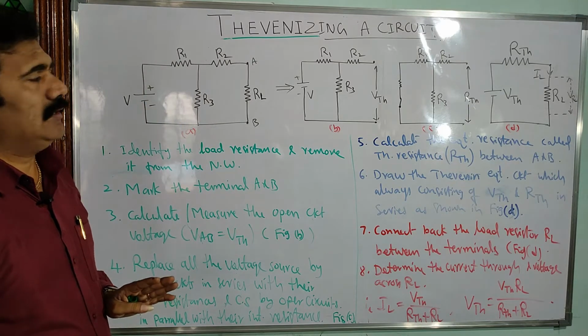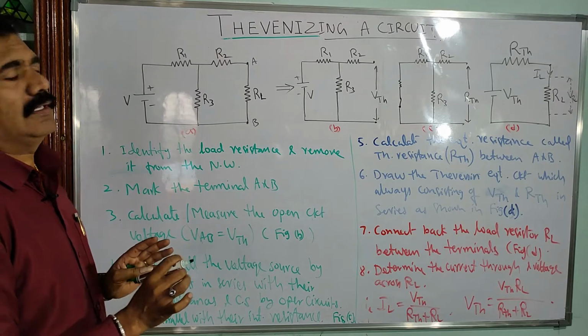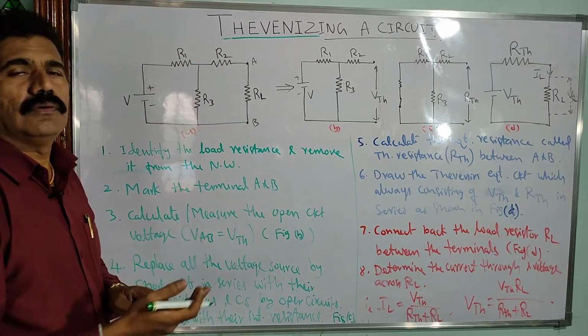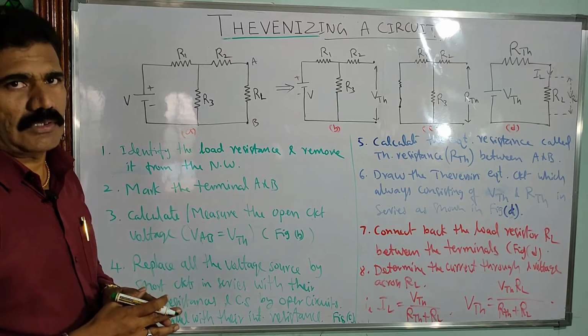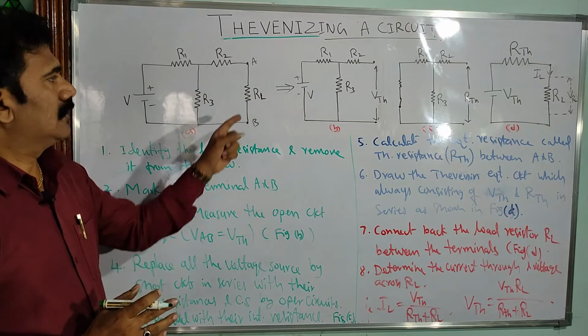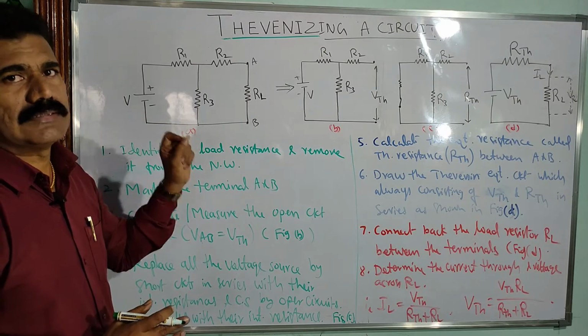So first you have to identify which is the load resistance. The remaining resistances are connected in the circuit to reduce and control the current. Whatever it may be, finally we are getting the voltage or current across the given load resistance, so you have to identify it.